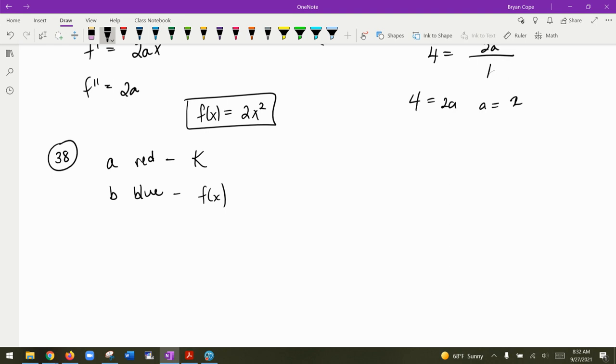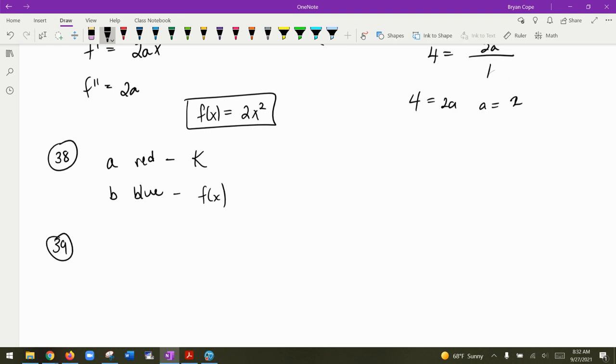And where x equals 0, the curvature is greatest, which is when A is greatest. So I think that's right. Check the solution manual. Yes, that's correct. A is the curvature and B is the real function.